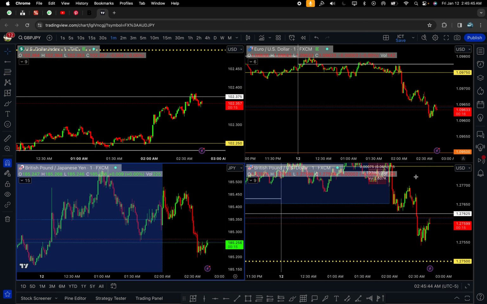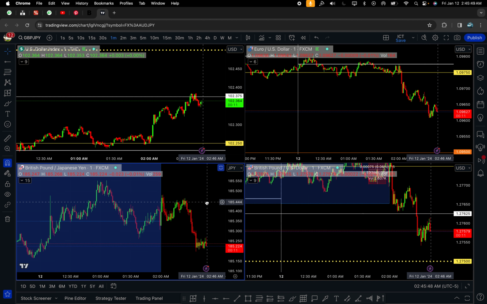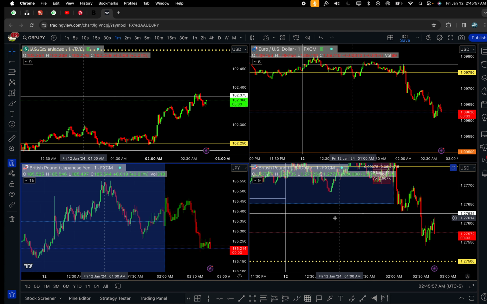We'll stick with GBP JPY over there for now, down that bottom left. Well, there it is. I missed it. That's okay. I didn't really need it.